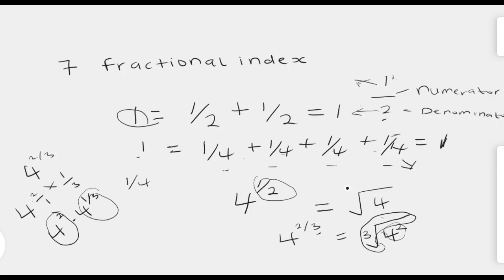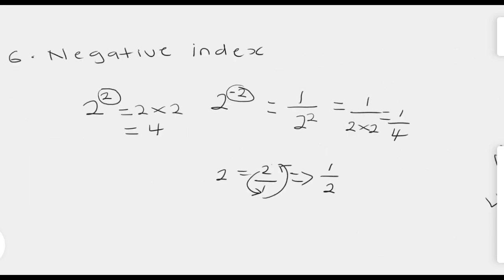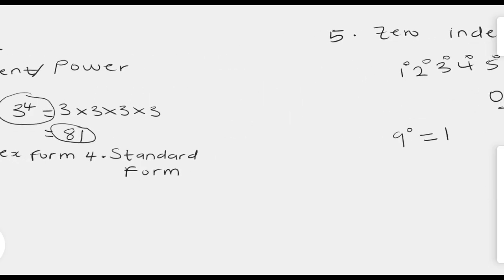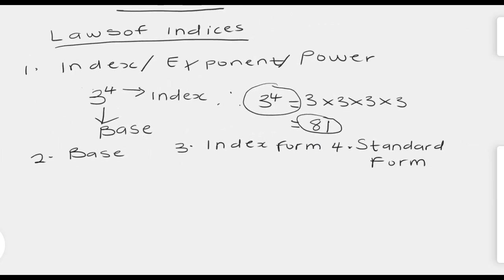So take note, we've talked about 7 different things. Let's go back. We've talked about the index, which is also called an exponent or a power. We've talked about the base.